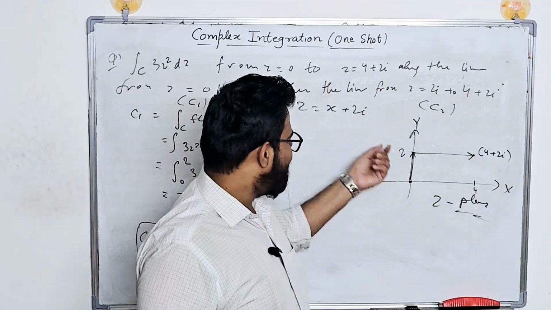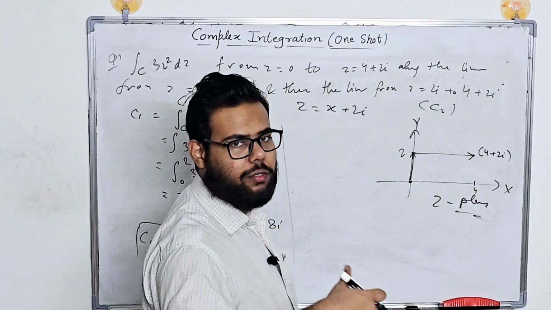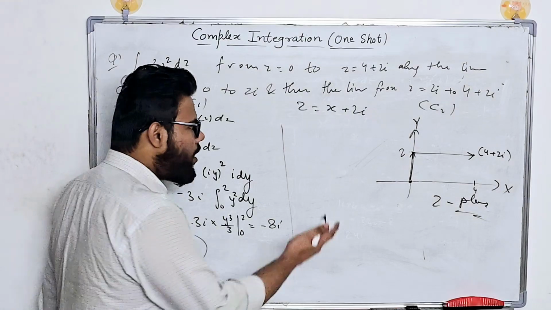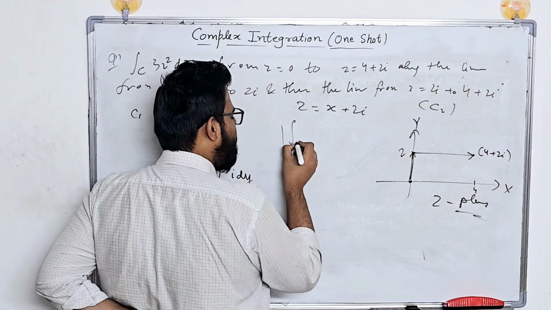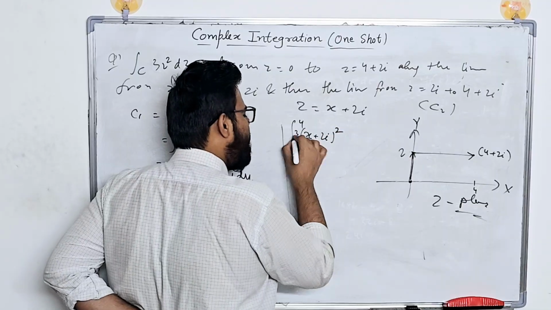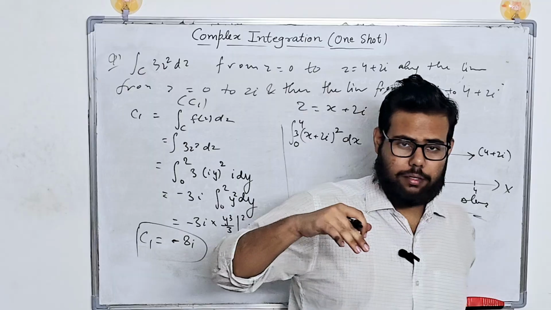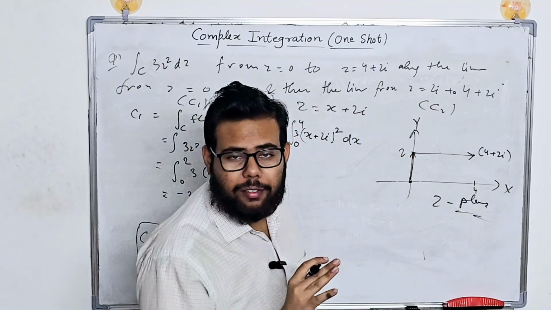So x is the variable, plus 2i because 2 is the constant over here in the y axis, right? So now let's evaluate this integration. It is going from 0 to 4 of 3 times (x plus 2i) whole squared dx, right? Of course there is no change along the y axis, so there will be no dy term over here, right?